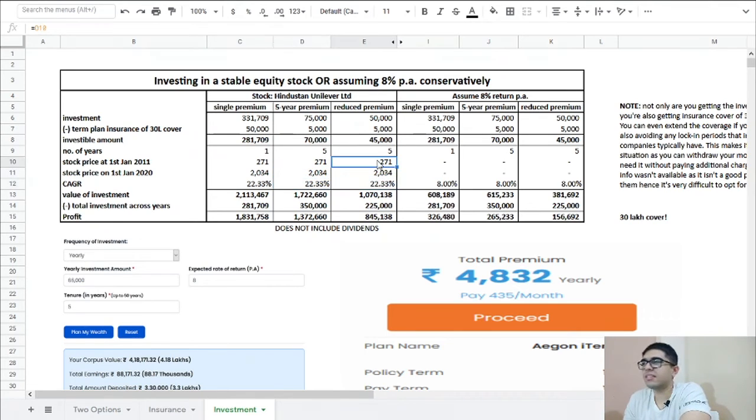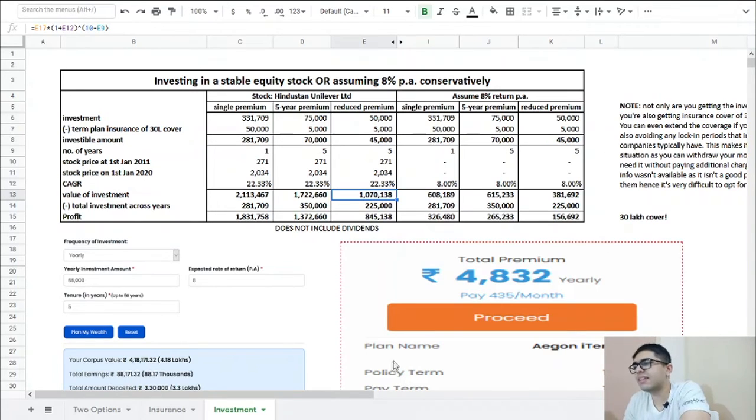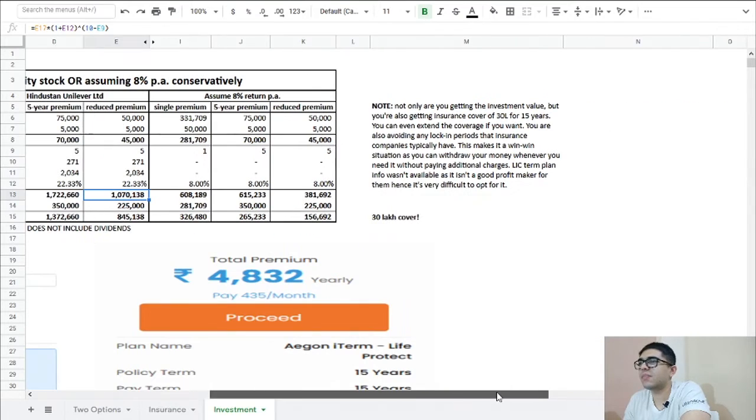So 22.33. Again, that's the figure that I got, and we have grown it again. Now the thing is, these things are not indicative of any future returns, which is something we have to understand, but that's fine. That's what the markets are.